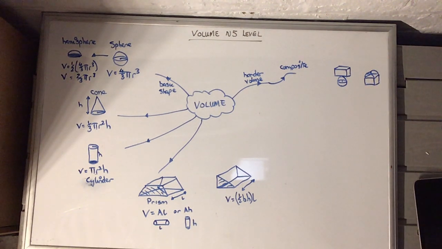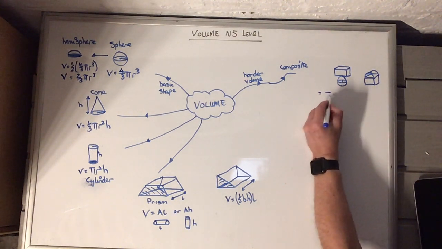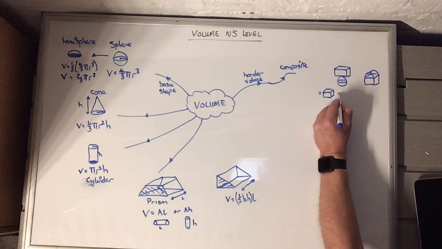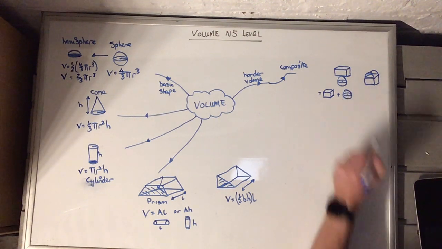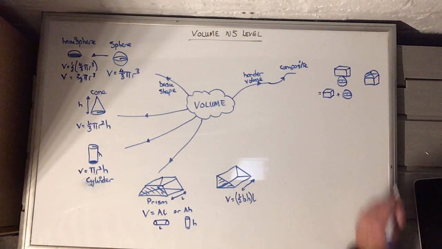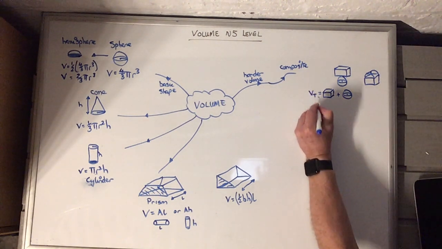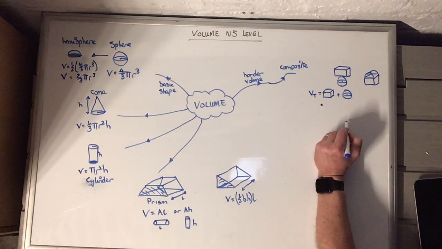Okay, so to do that type of question, this one, there's your cuboid plus your sphere. So you split them up and you do them individually. And again, this one here, so the volume for that, the total volume, volume 1 and volume 2, and you add them together to get a total.